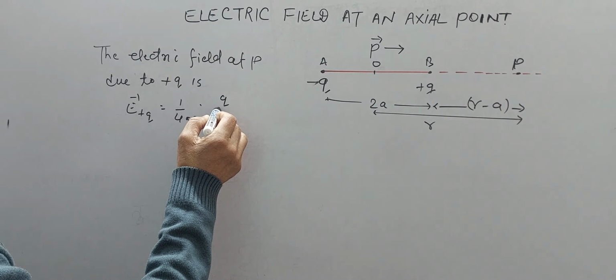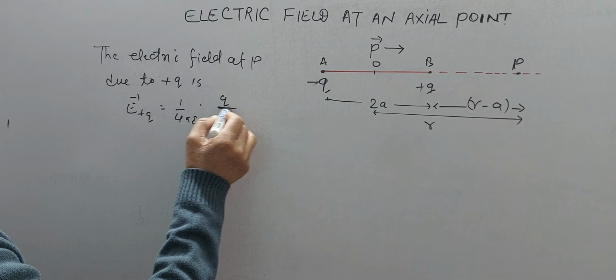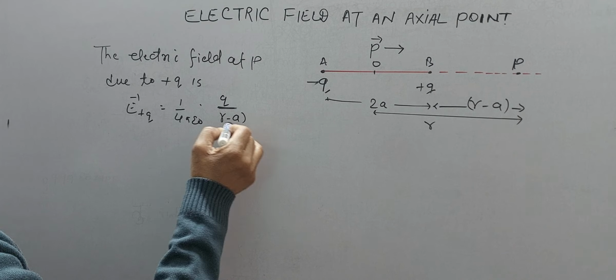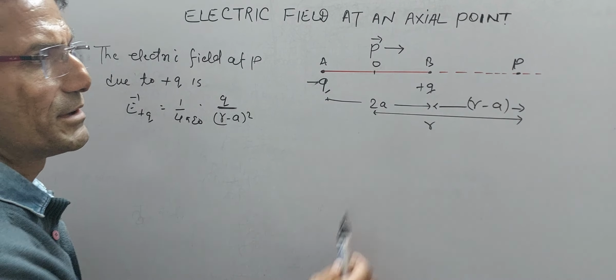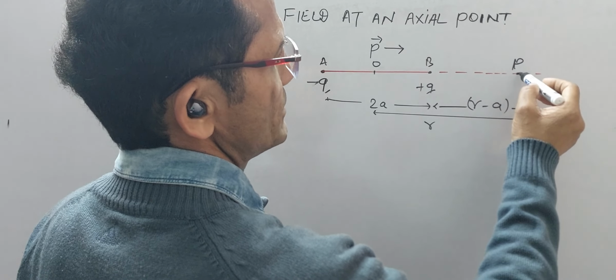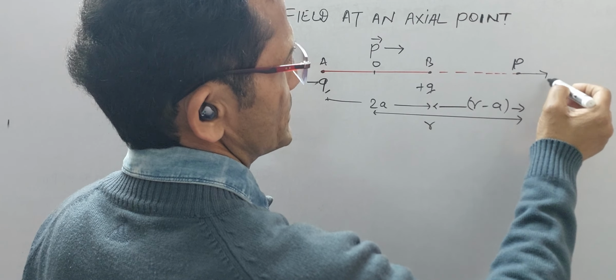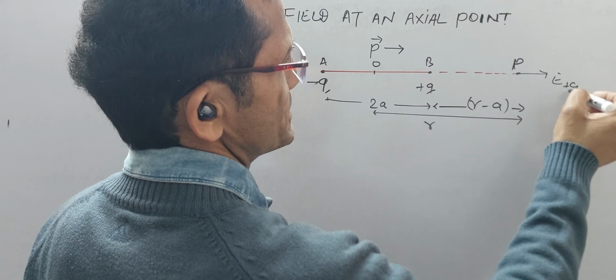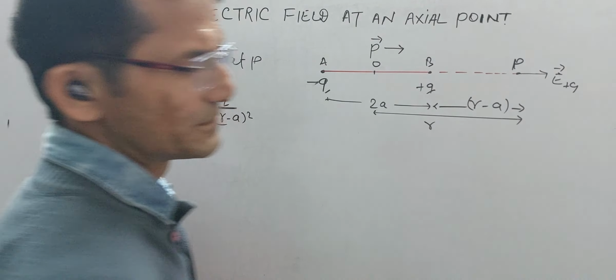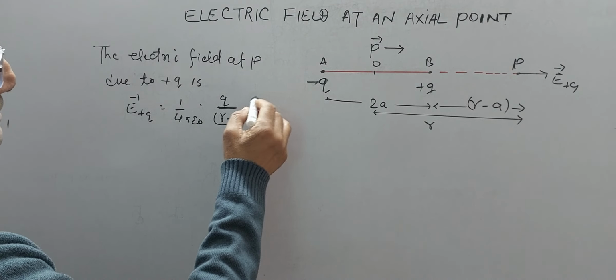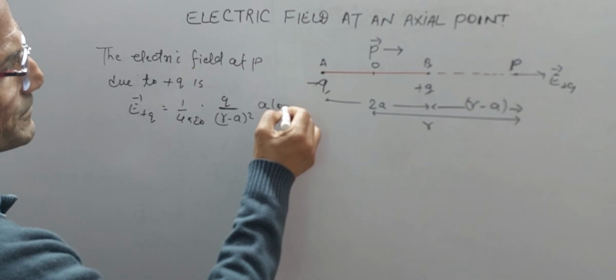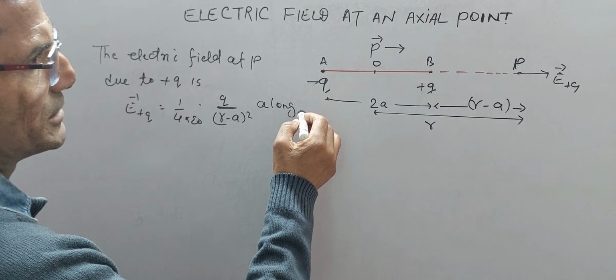So by Coulomb's law, its direction is away from this positive charge, along BP.